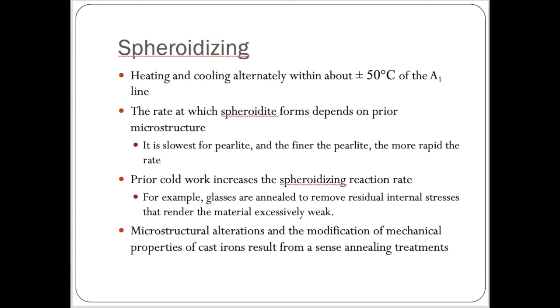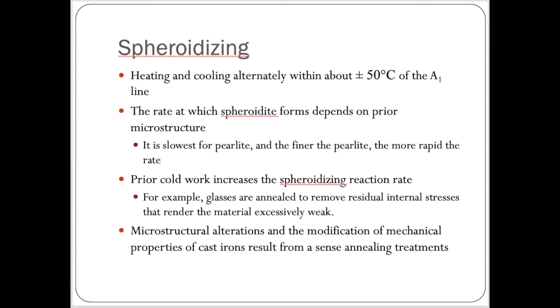Heating to a temperature just above the eutectoid temperature and then either cooling very slowly in the furnace or holding at a temperature just below the eutectoid temperature. Heating and cooling alternately within plus or minus 50 degrees Celsius of the A1 line, as shown in the figure.